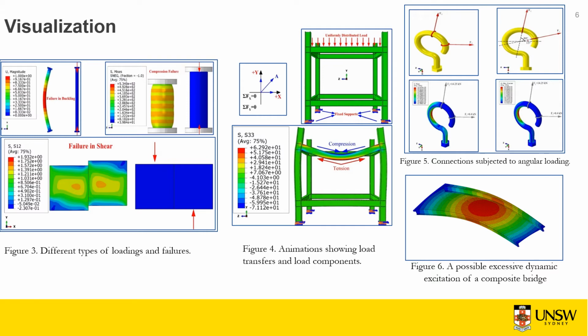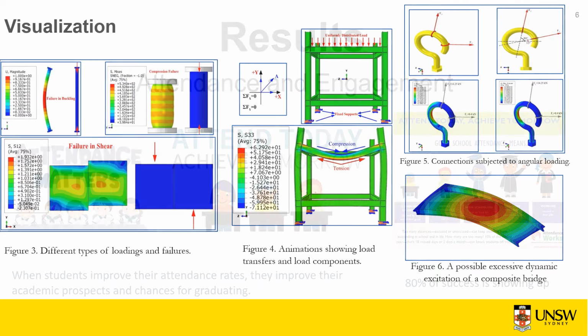These visualized components help the students to relate to the transfer mechanism for those forces and loads, how they are transferred to the supports, and how to efficiently design these structures to withstand these loads.